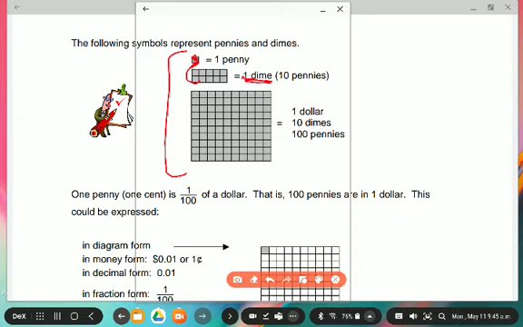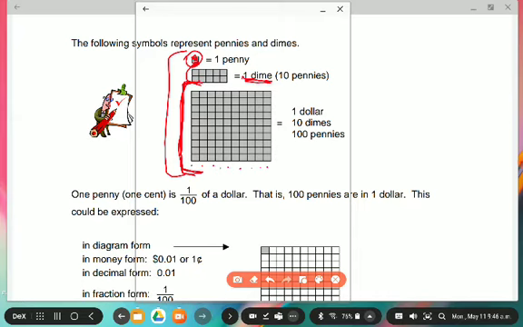What about when we see a whole hundreds block like this? How many of these little pennies are in this big guy right here? We've got 100 in there. So we've got 1, 2, 3, 4, 5, 6, 7, 8, 9, 10.